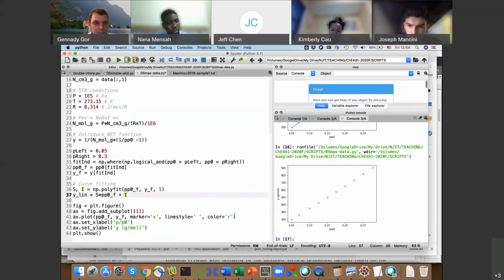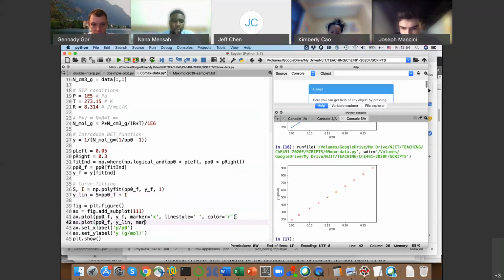And in my plot, I want to add the plotting of not just the experimental data, but also this data obtained from fitting. PP naught F, Y linear. And I want to use no marker for it.